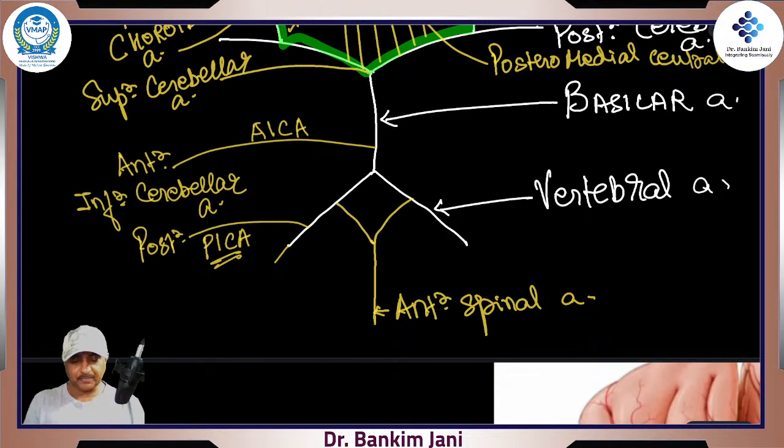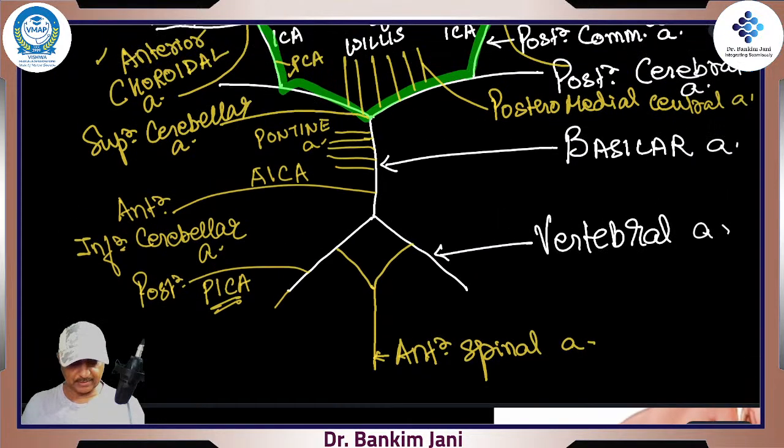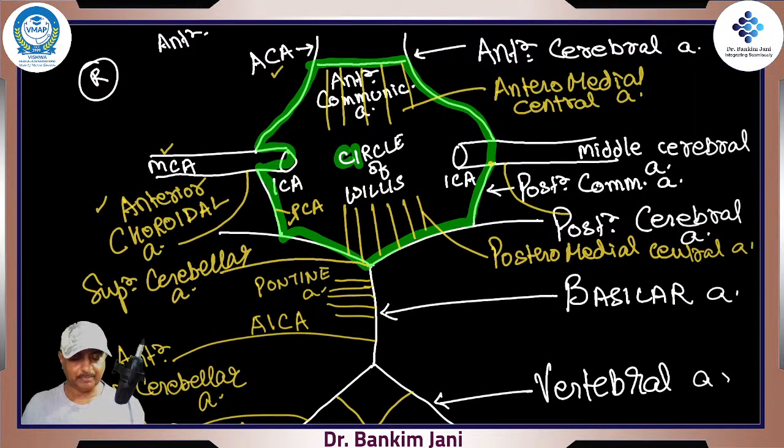That's how these are divided. Meantime, there would be some small arteries coming from this. They all are going towards the pons, so we can call them pontine arteries. Done. Finished. All the major vessels have arrived.